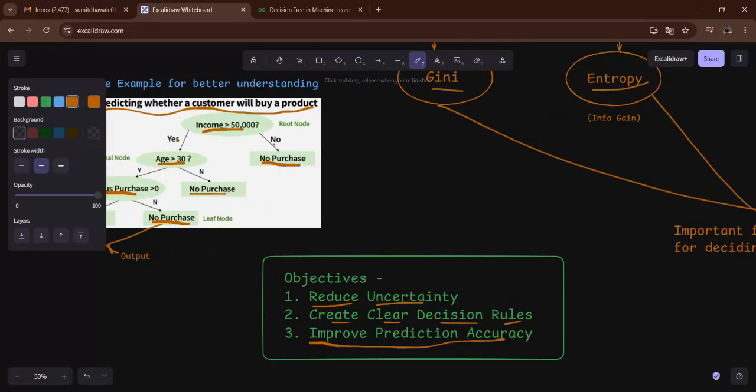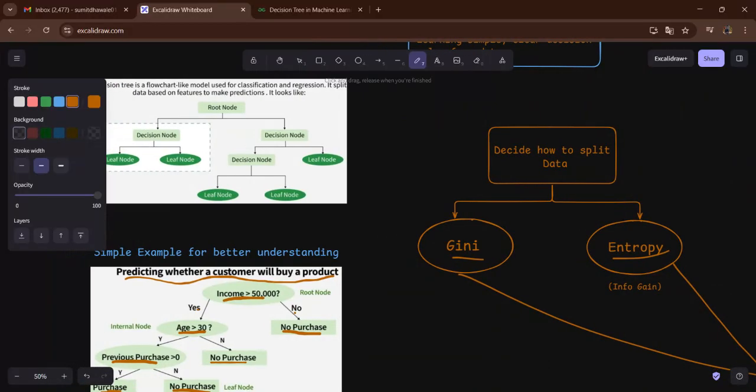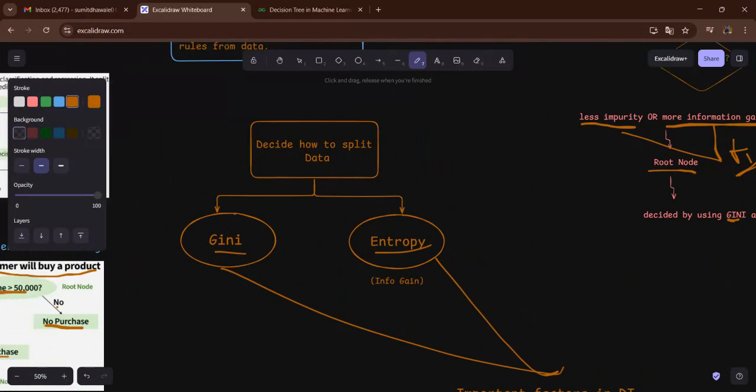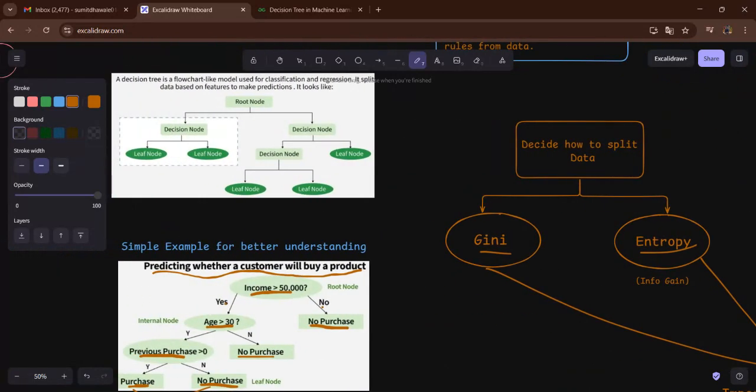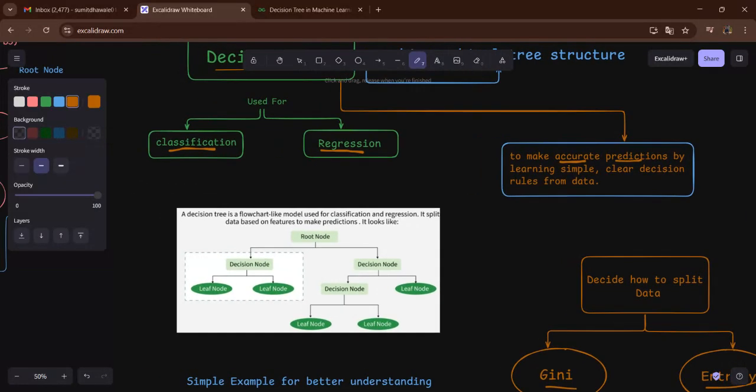It totally depends on the Gini and the entropy. Splitting of the nodes, like root node, decision nodes, or leaf nodes, totally depends on the Gini and the entropy. When the entropy or the impurity is less, that node has the highest priority, and that node may be the root node or the internal node. Splitting is done using the Gini and the entropy, and it can be used for both classification and regression problems.